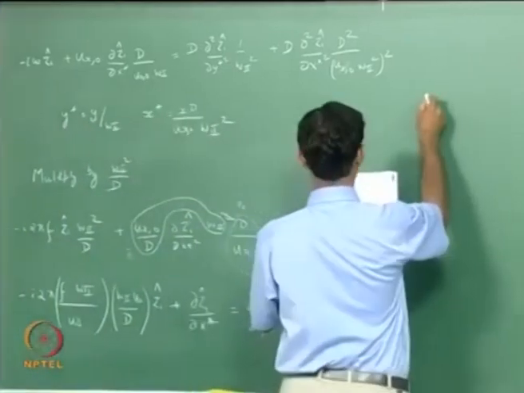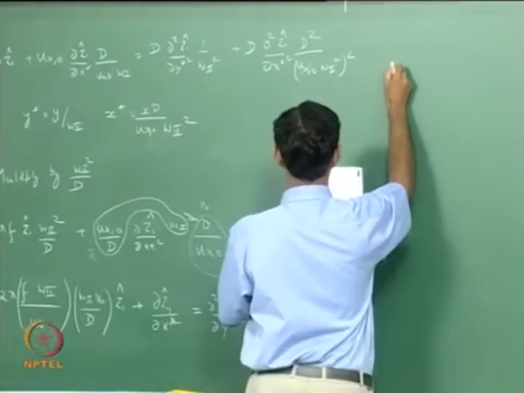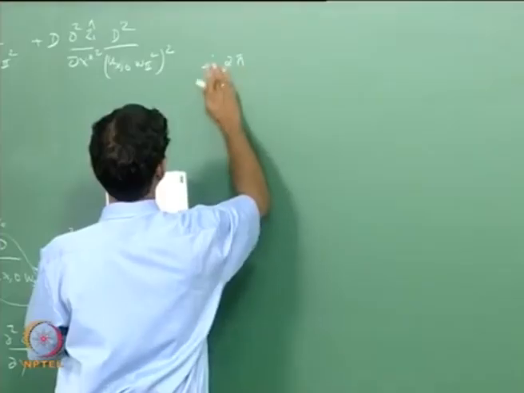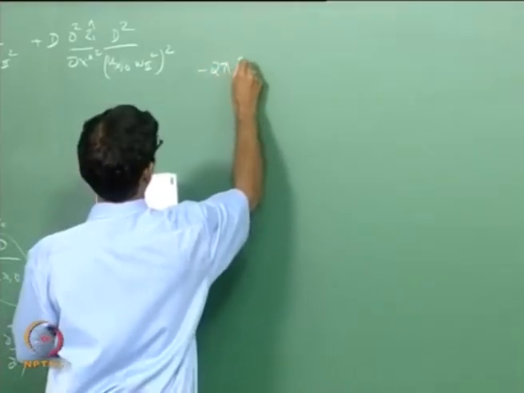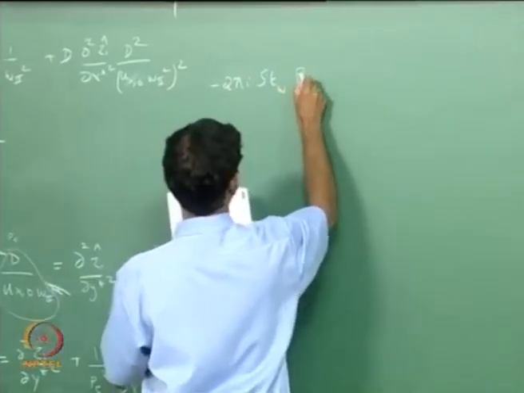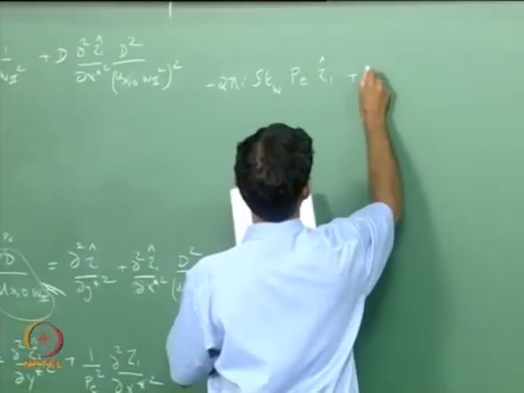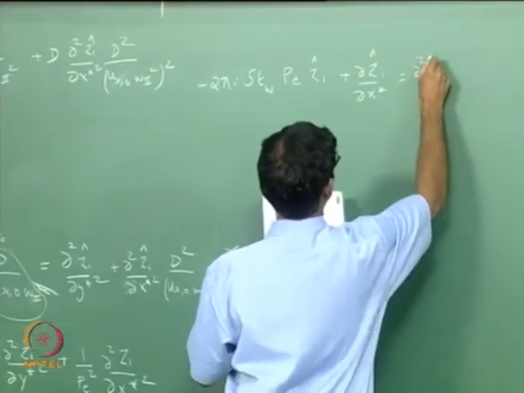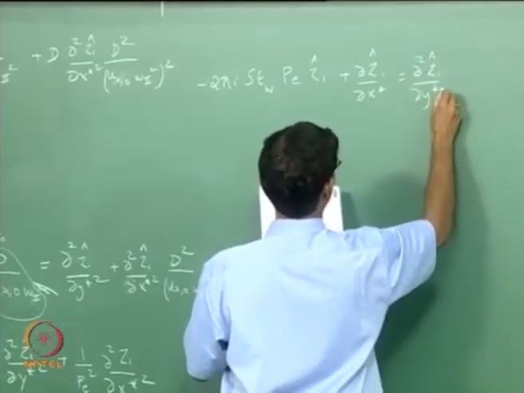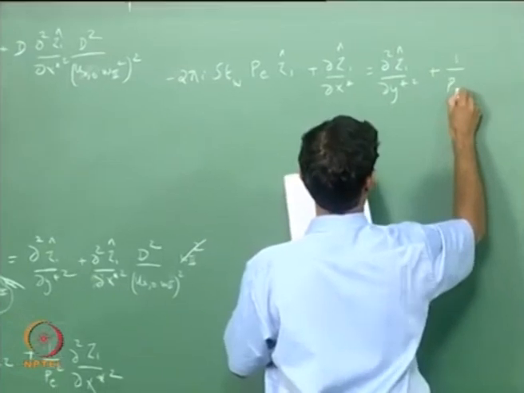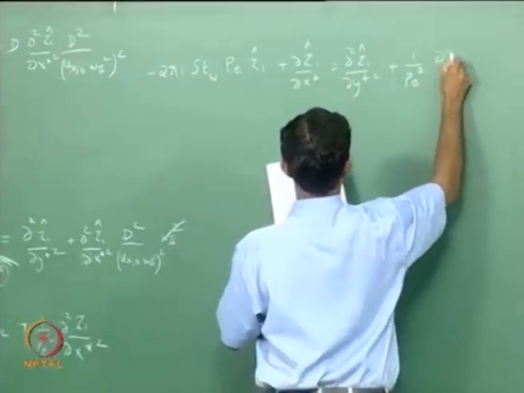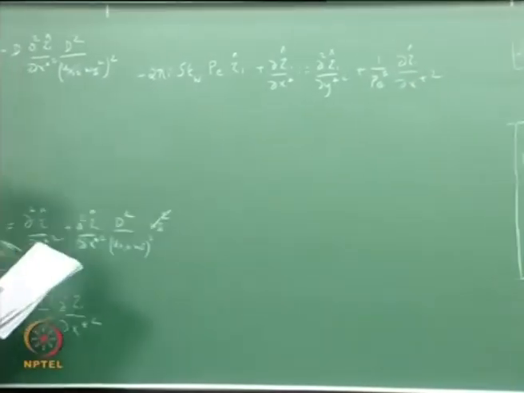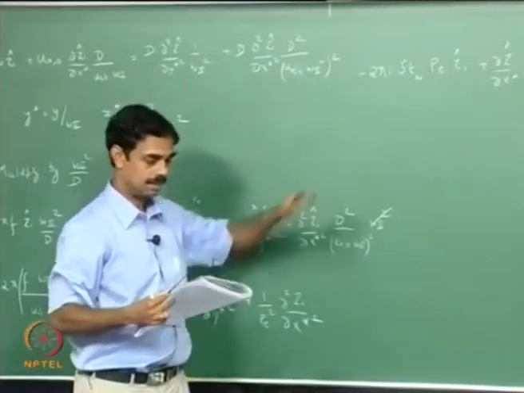So just clean this up and I can say it as minus 2 pi I S T W Pe z1 hat plus dou z1 hat over dou x star equal to... So we have got a neat equation.